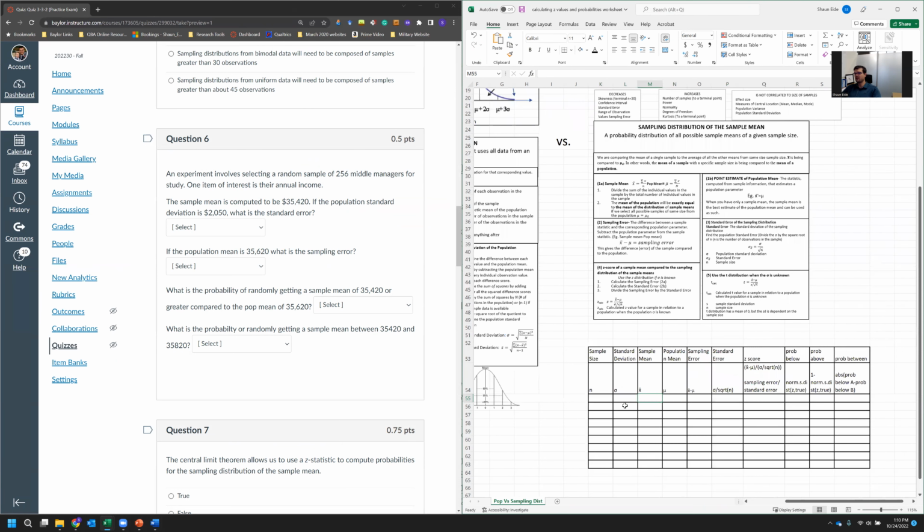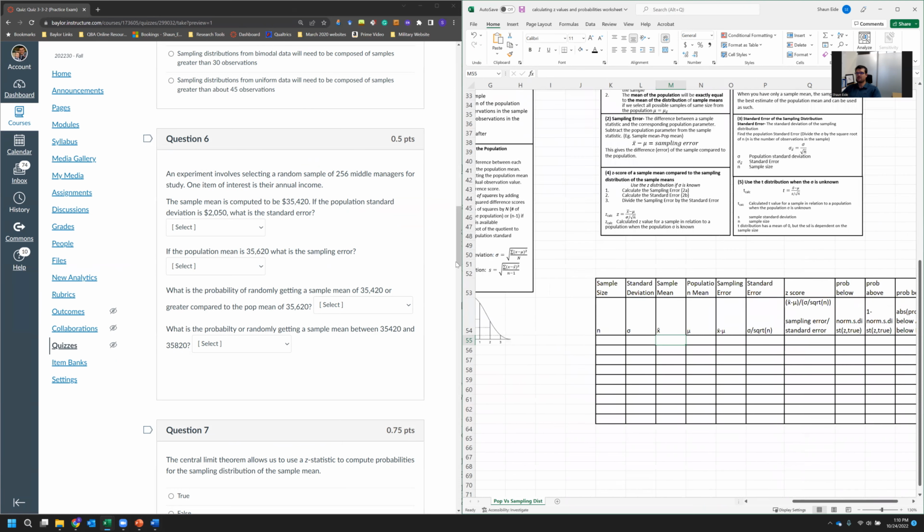So I'm going to come right in here: 256 is the sample size. The standard deviation is 2050. The mean is 35,420. And then the population mean is 35,620.